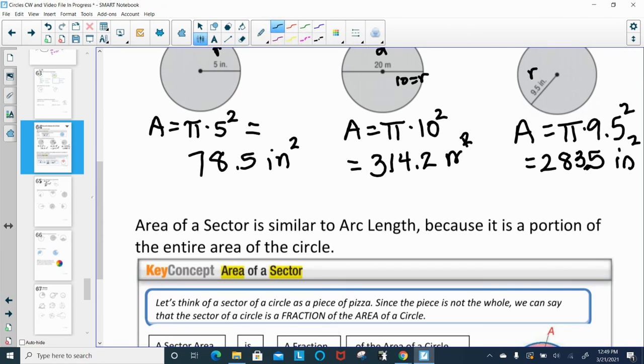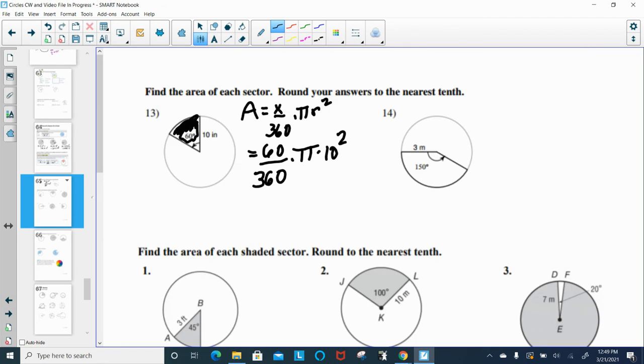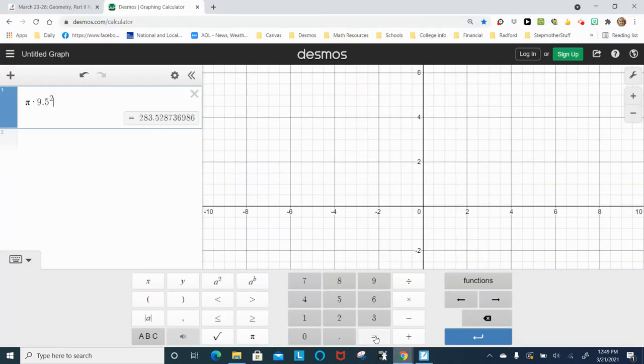We don't really want the whole circle. We want 60 divided by 360. We want that piece of it. So if I go over here to Desmos, I should get something less than that 314. I'm going to type in the division key so I can get a fraction bar. You can put the multiplication sign in, it's up to you. We talked about that in the last video. Pi times 10 squared.